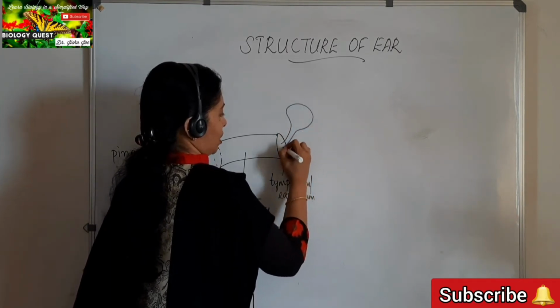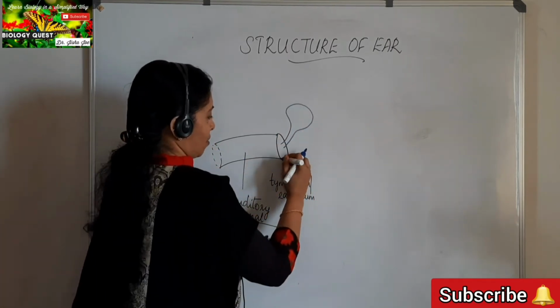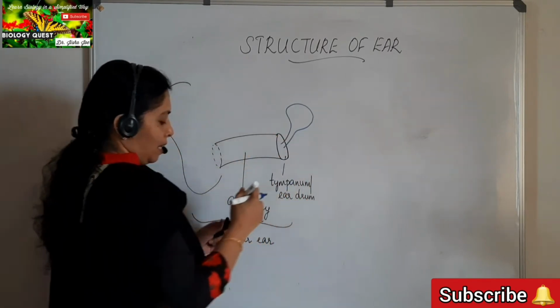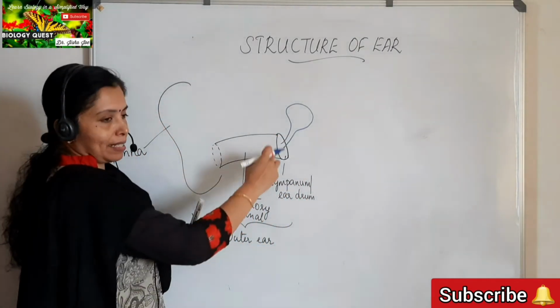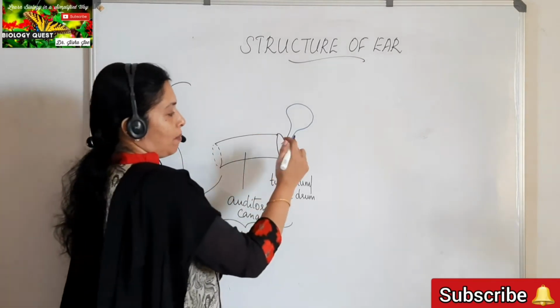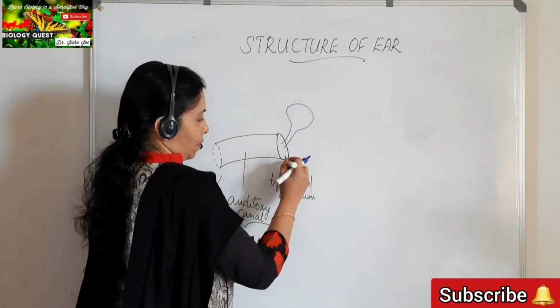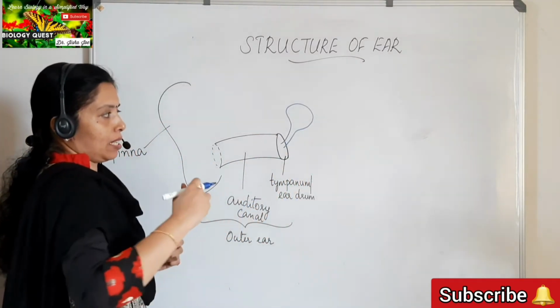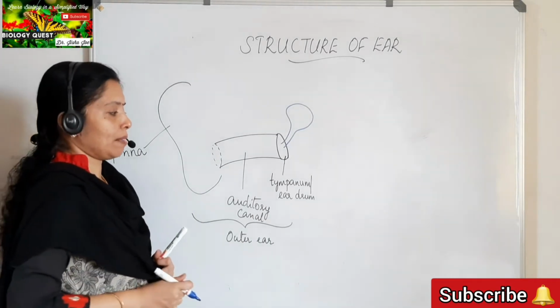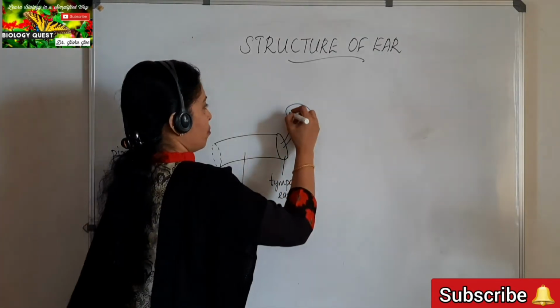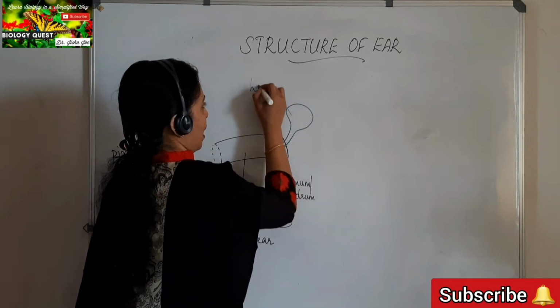It has the shape of a hammer, that is why it is called as the hammer. The handle of the hammer is attached to the eardrum or the tympanum. That is the first bone, hammer.